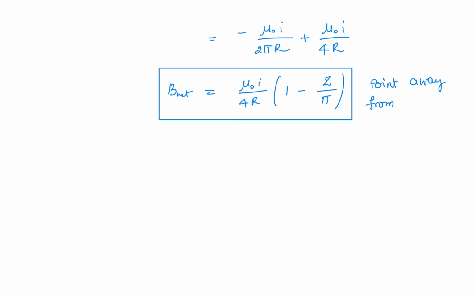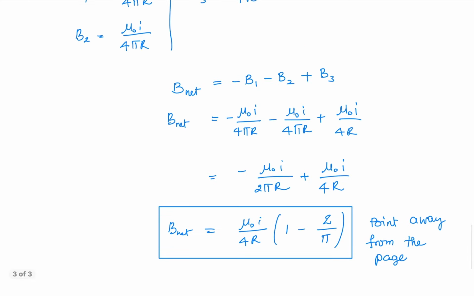The sum of B1 and B2, which is 2 times mu naught I by 2 pi r, is the net magnetic field into the plane of the paper. The other one, due to the semicircular wire, is out of the plane of the paper, pointing away from the page. Mu naught I by 2 pi r is less compared to mu naught I by 4r.